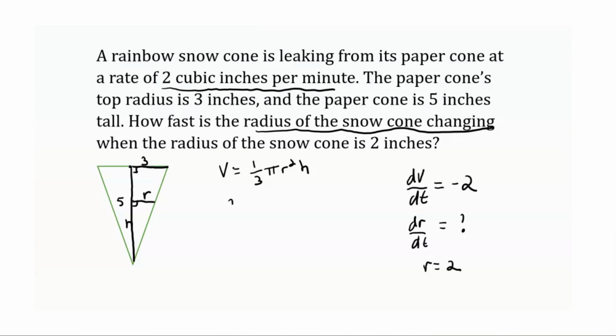So that means that 3 over r is equal to 5 over h. So we can solve for h in terms of r. We would get 3h is equal to 5r, so h is equal to 5r divided by 3.